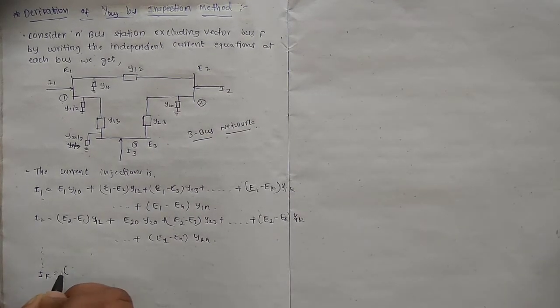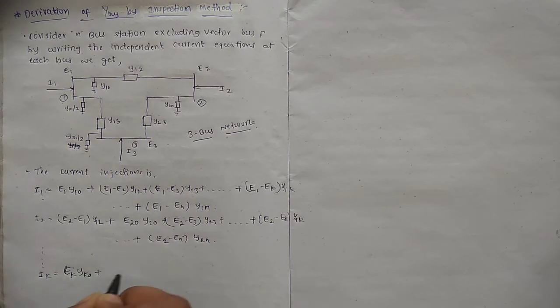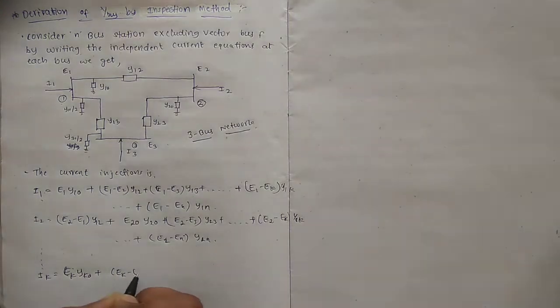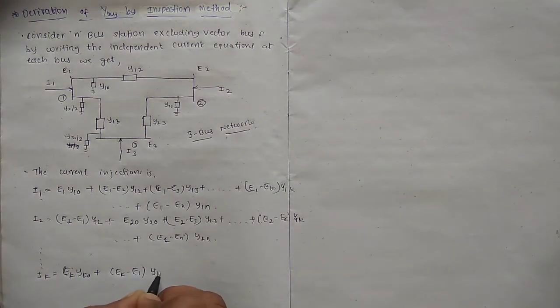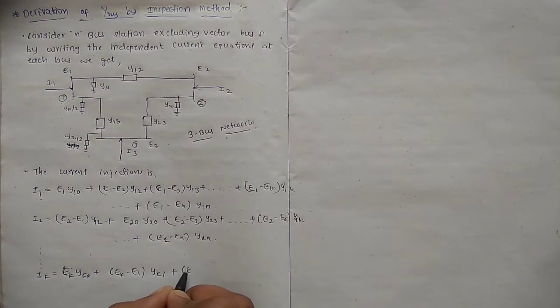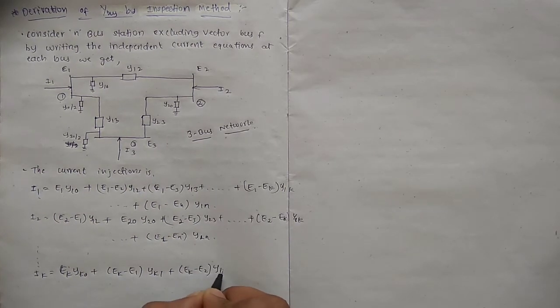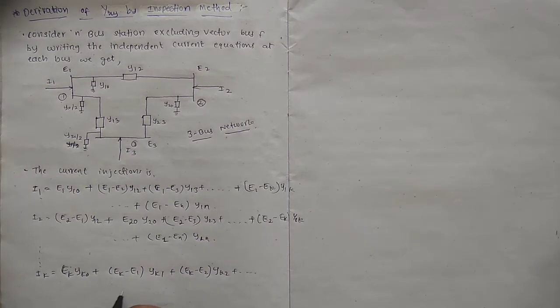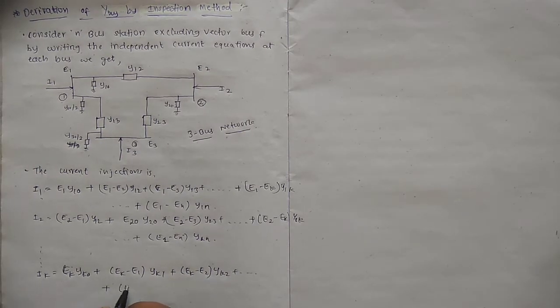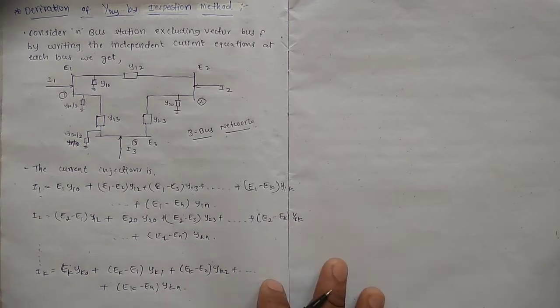The current injection at the kth bus is Ek into Yk0, plus (Ek minus E1) Yk1, plus (Ek minus E2) Yk2, and so on, plus (Ek minus En) Ykn.